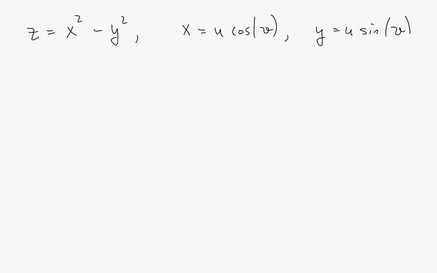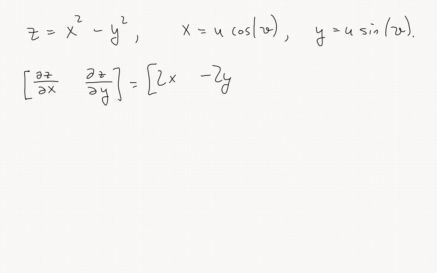Next, let's do an example. Z is x squared minus y squared, and then x is u cos v, y is u sine v. So the partials of z, del z over del x, del z over del y, are 2x and negative 2y.